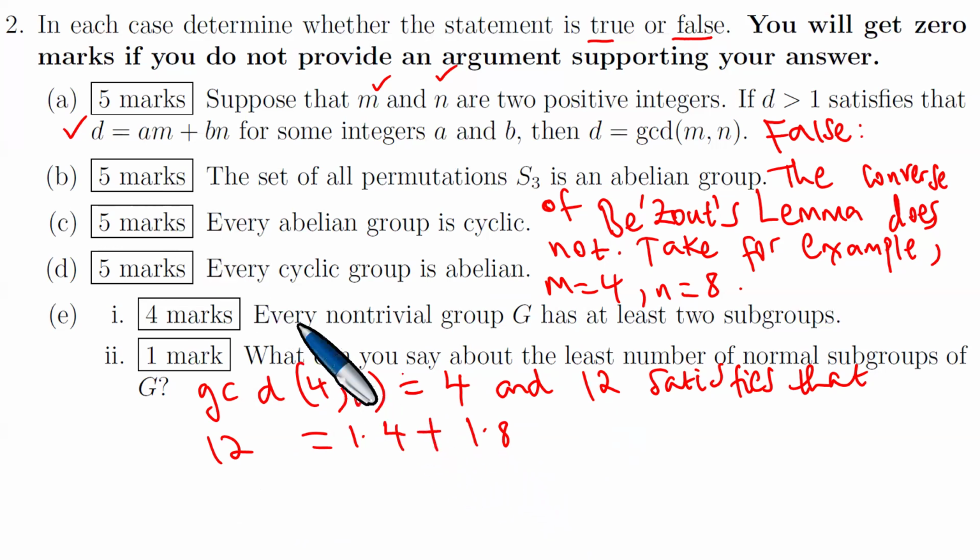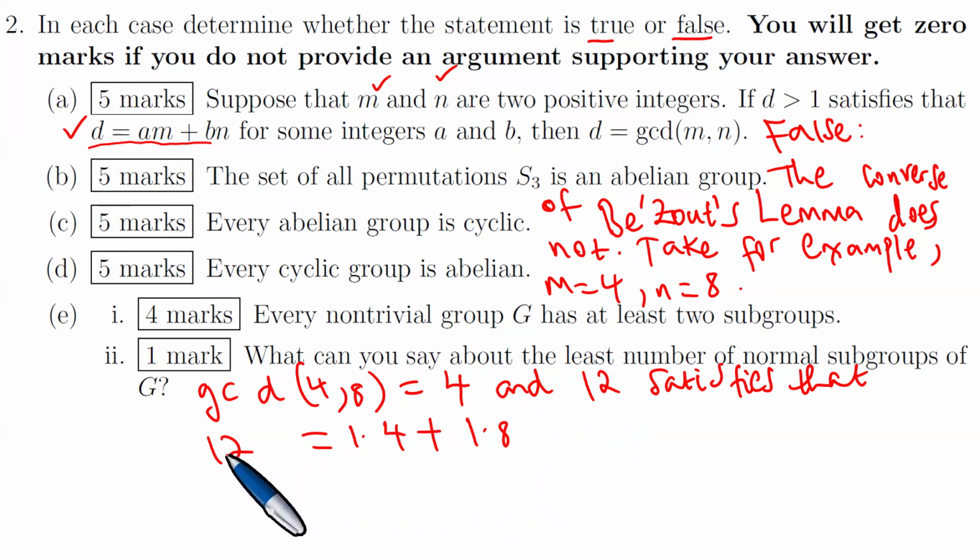Does it then mean that 4 equals 12? If D is equal to this sum for some integers A and B, then this is the case.